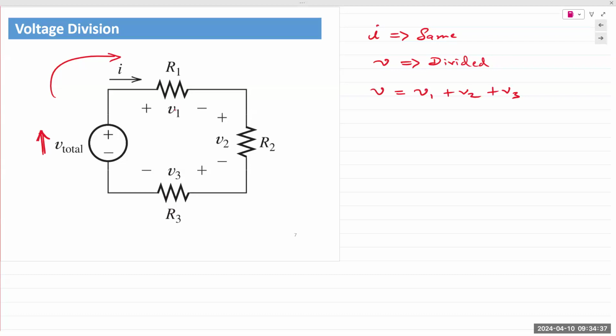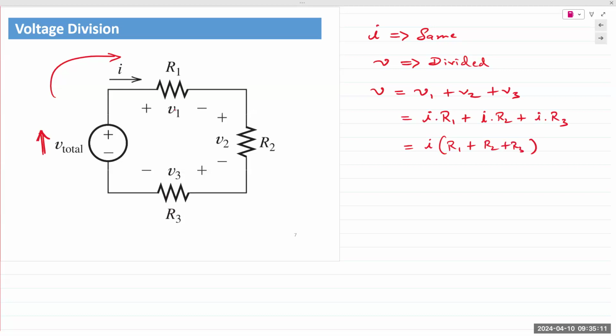So V is equal to V1 plus V2 plus V3, the series connection. Total V would be given by I times R1 plus I times R2 plus I times R3. It simply gives me I times R1 plus R2 plus R3.